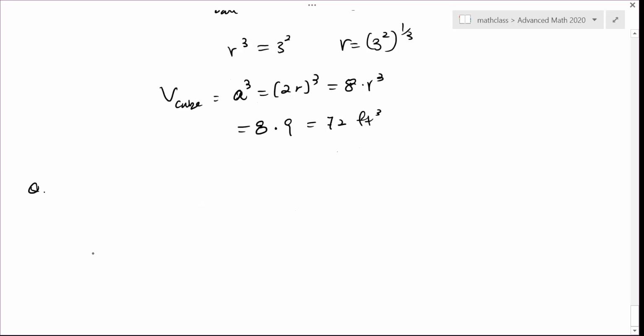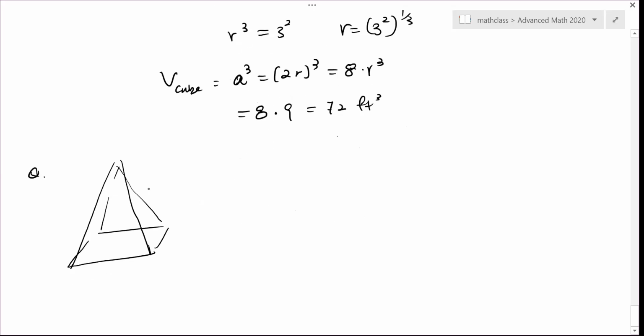Let's go back to the problem again. We did a similar one before, okay? This is the right pyramid. This time, I have a 10, and that'll be 13 and 13. All the sides are 13. The base is 10, 10, 10, okay? Find the volume of this pyramid.